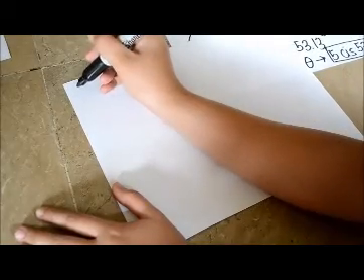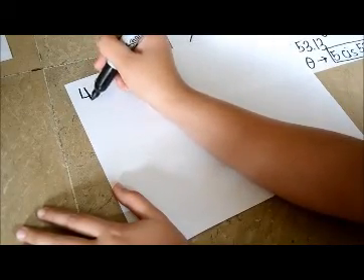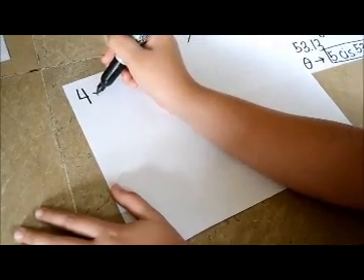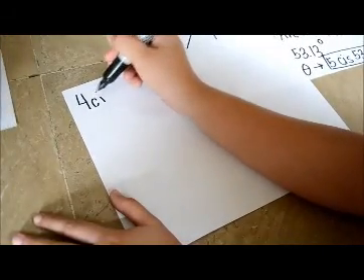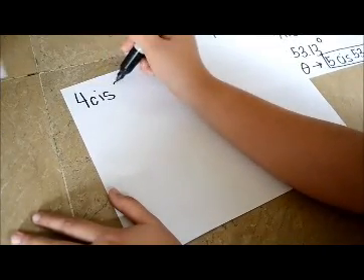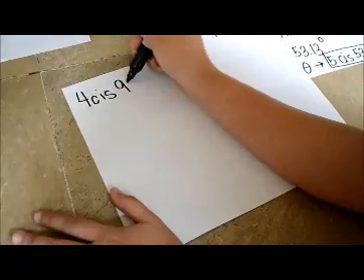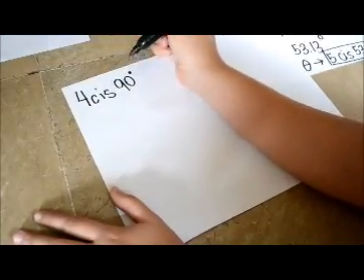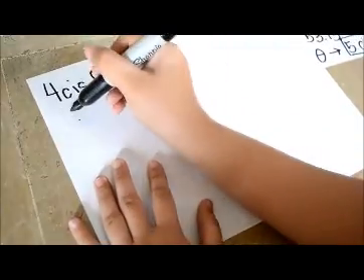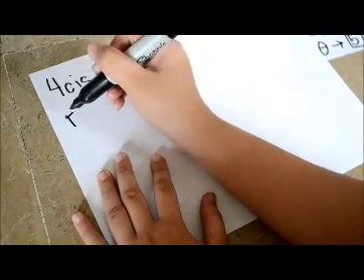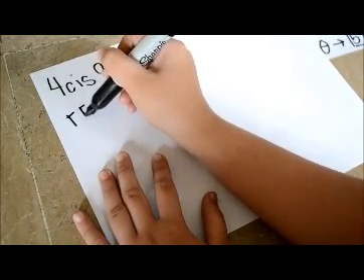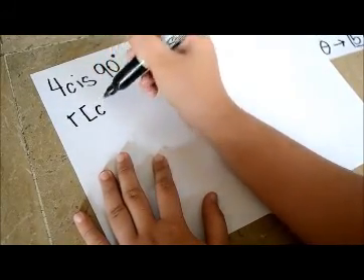For example, 4 cis 90 degrees. We expand it to r quantity cosine theta plus i sine theta.